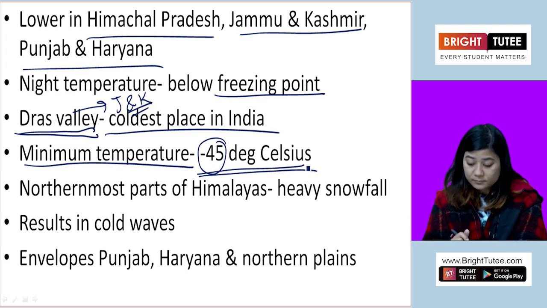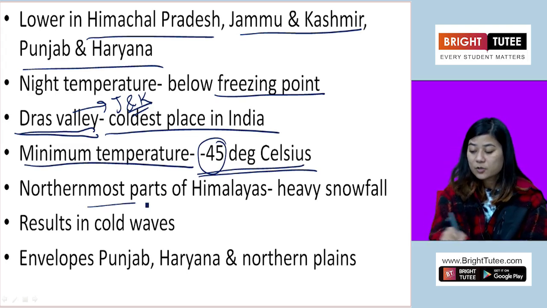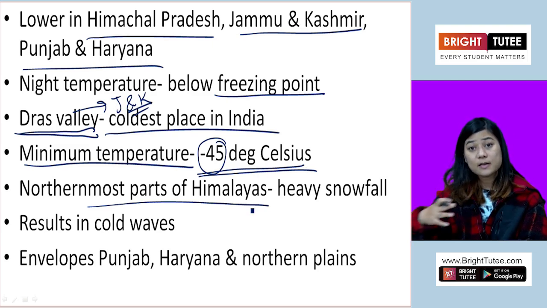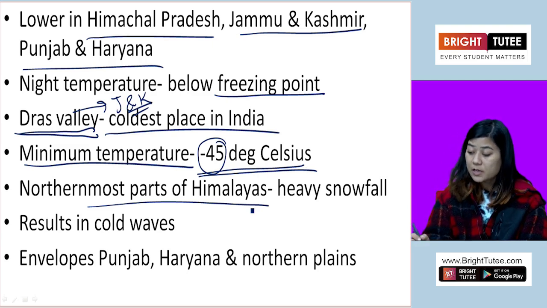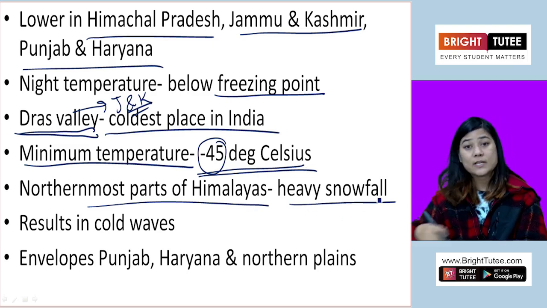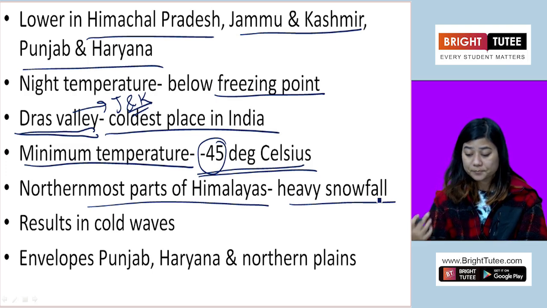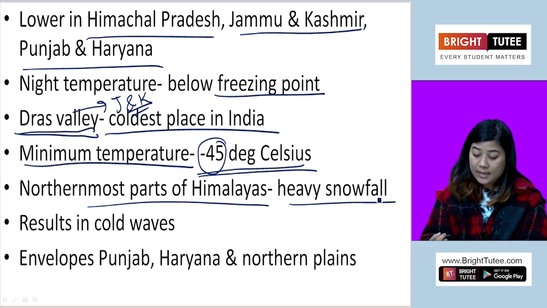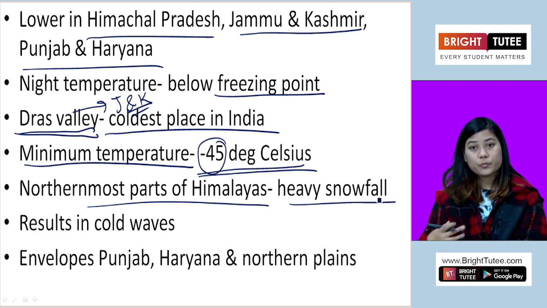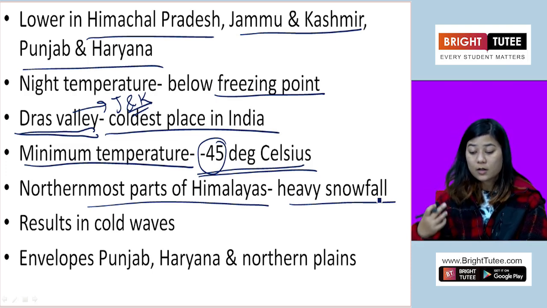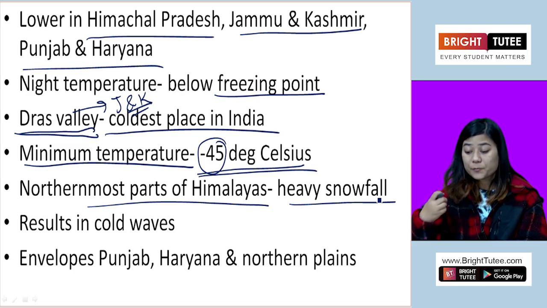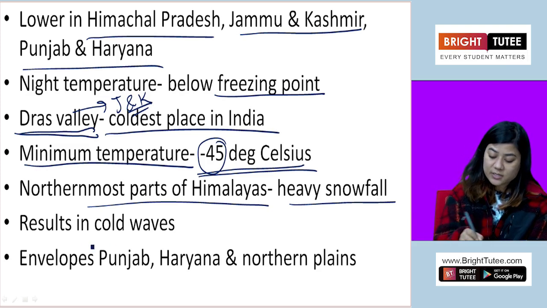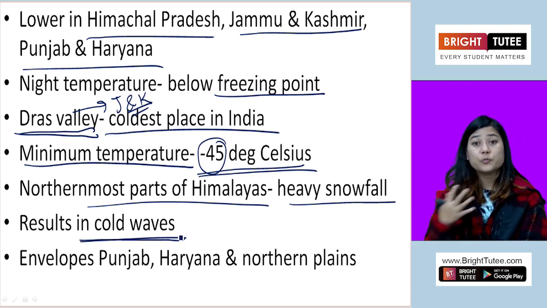The northernmost parts of the Himalayas lie in the mountainous zone. There heavy snowfall is experienced during the cold weather season, and that snowfall with the freezing temperature in that area results in the development of cold waves.